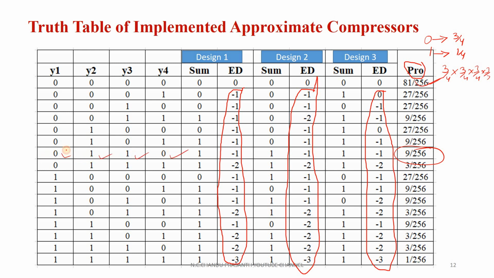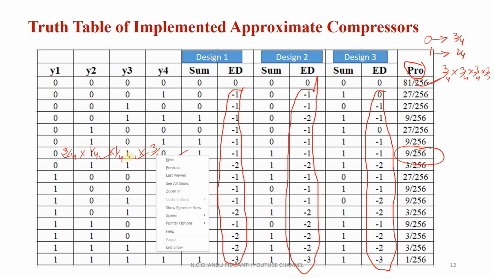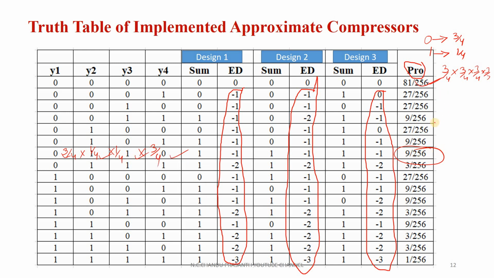Similarly, if you see this 9 by 256, here the inputs are 0, 1, 1, 0. The probability of getting 0 is 3 by 4, the probability of getting 1 is 1 by 4, again 1 by 4, and 0 is 3 by 4. If you multiply, we get 9 by 256. Like that, we have calculated the probability for all these inputs.